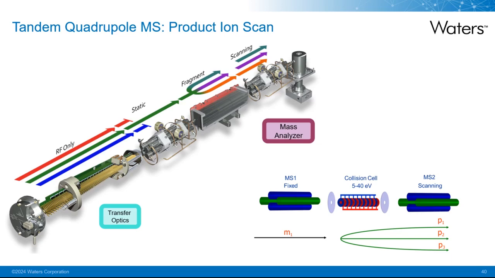The ions from the fragmentation will then pass into the second quadrupole, which is scanned to produce the mass spectrum. A product ion analysis is selective because the product ions in the spectrum can only originate from fragmentation of a specified precursor ion, and this mode of scanning is used to gain structural information or to identify product ions for use in creating MRM transitions.